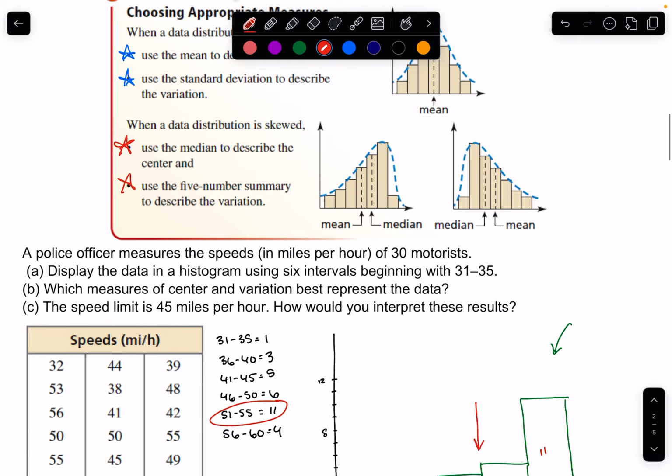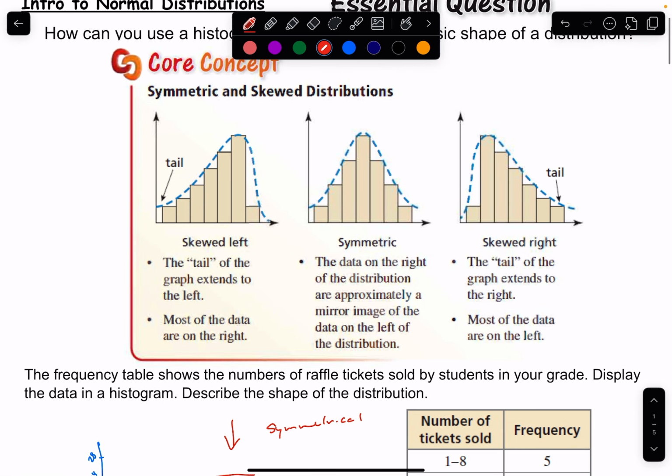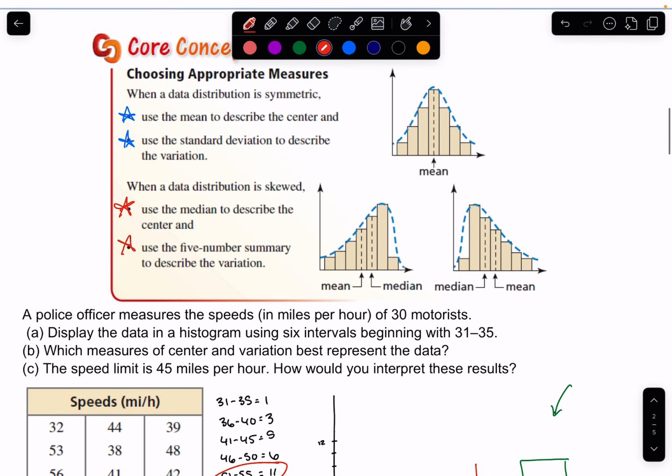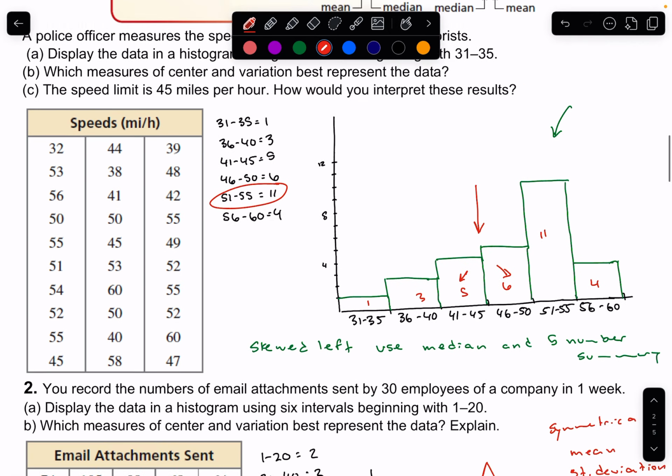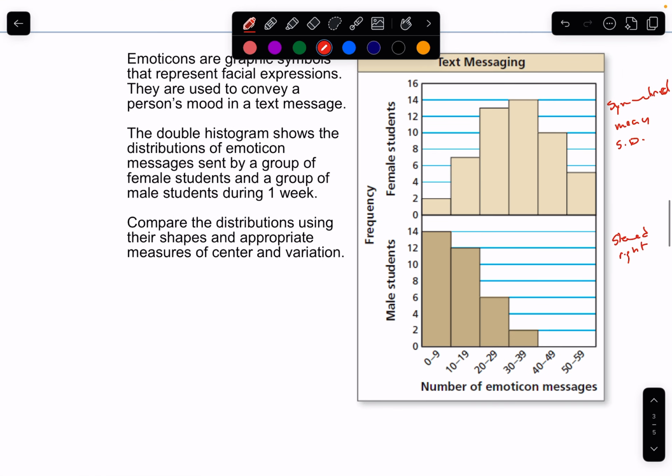So be careful when you are using this information. Sometimes we get the names backwards. Remember, if it tails to the right, it's skewed to the right. And the bulk of the data, the big pieces of the data, are there on the left. So since it's skewed to the right, I would want to use the median, and I would want to use the 5-number summary to describe this data, all right?